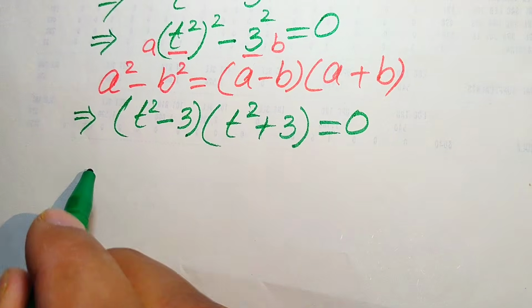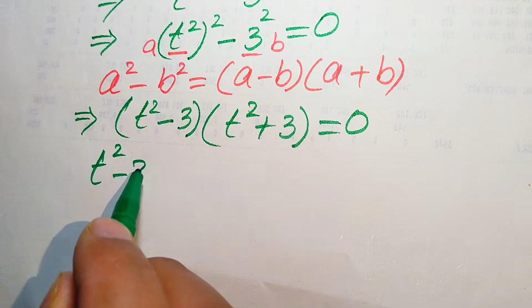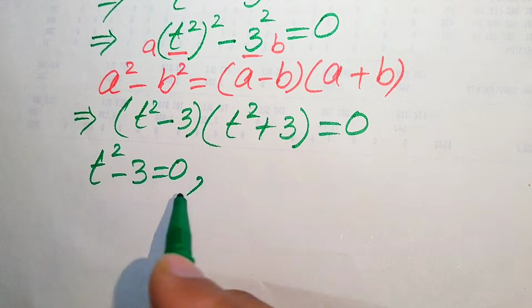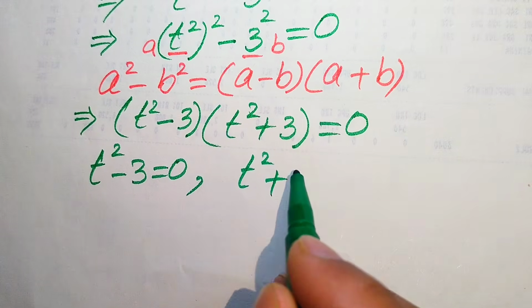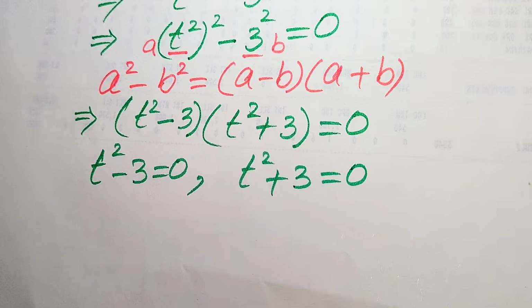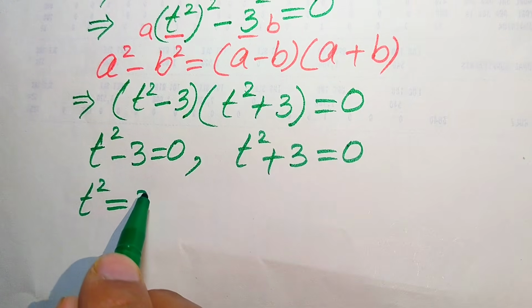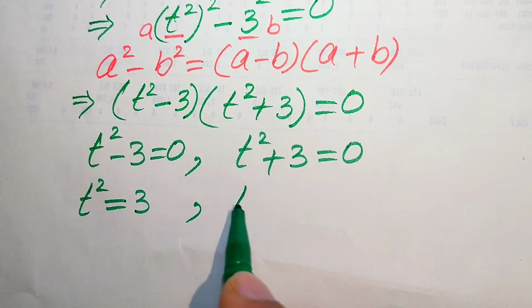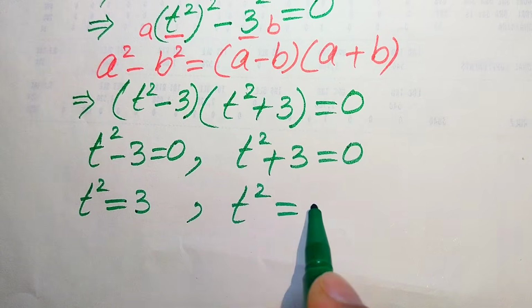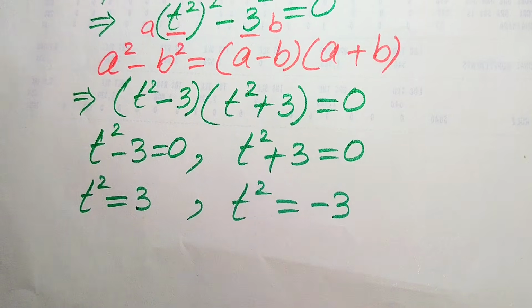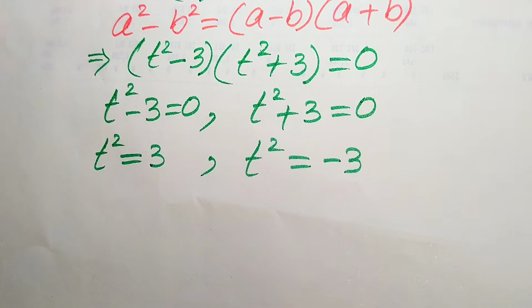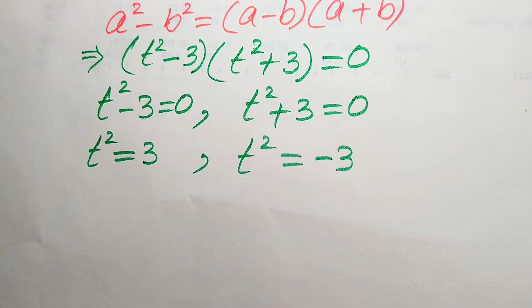The first case is t square minus 3 is equal to 0, and the second case is t square plus 3 is equal to 0. From here we move this minus 3 to the right hand side and it will be written as plus 3, and from here we move plus 3 to the right hand side and it becomes minus 3.